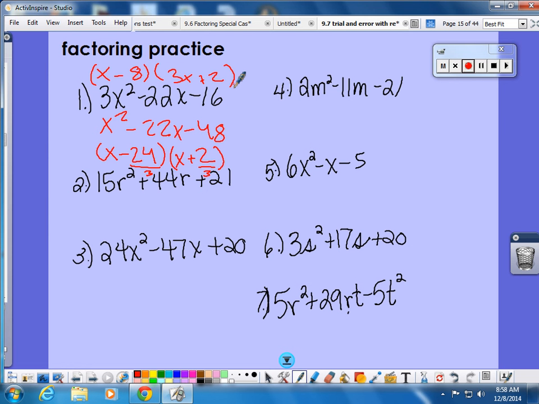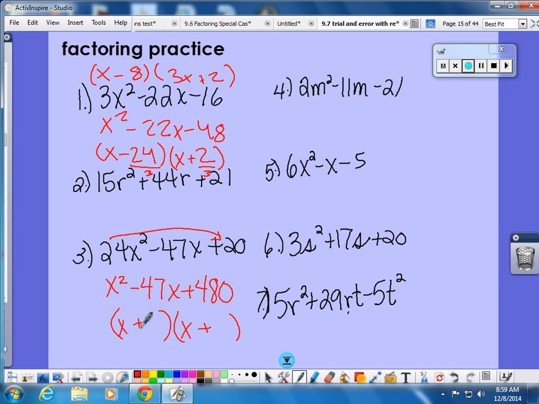Alright, she's going to do number 3. These are big numbers. Are they both negatives? I don't know. See, that last one's positive, you know?